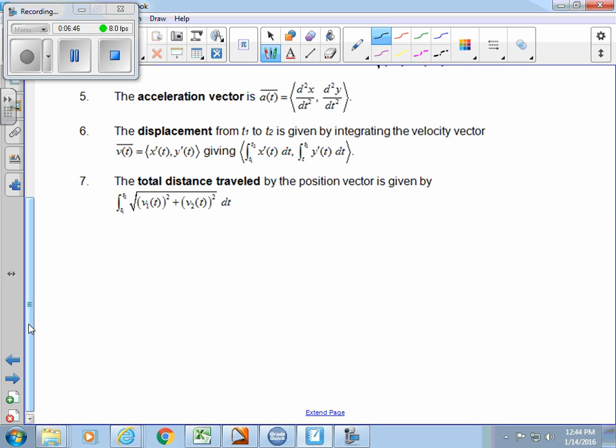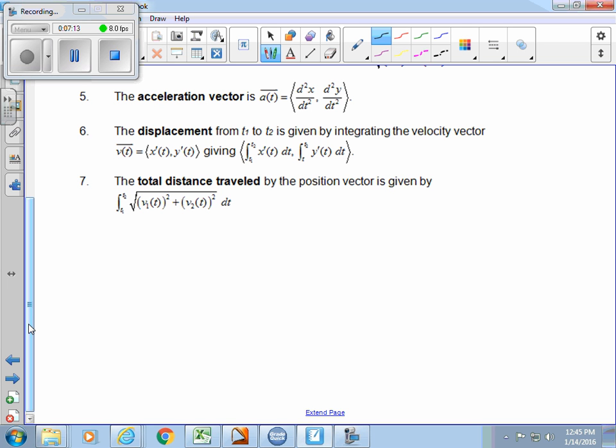And the last one is the total distance traveled. What does the total distance traveled formula look very much like? By the way, those are V's, which would be the derivatives, right? Arc length of a parametric. Doesn't it look like arc length? Wouldn't arc length and distance traveled be the same thing?